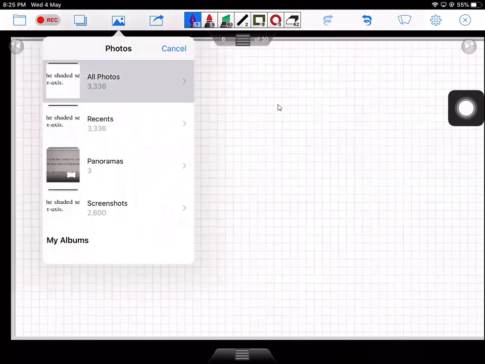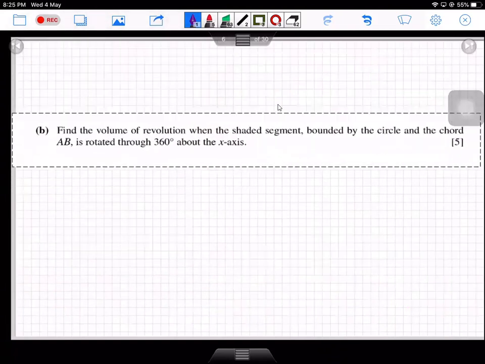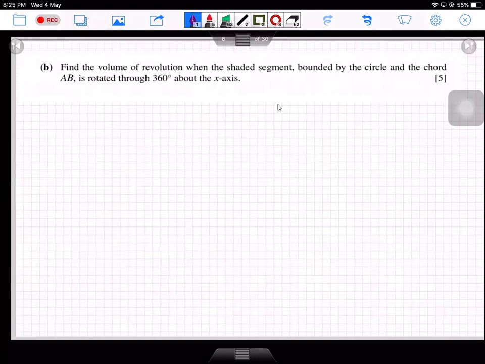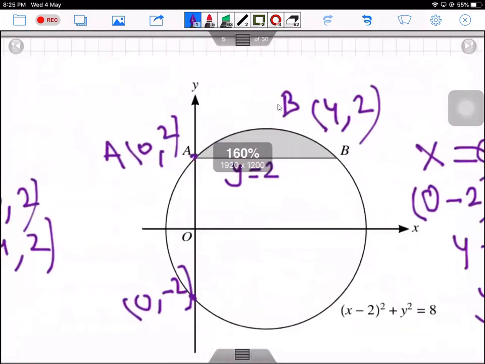Then we have part B, where we have integration. Find the volume of revolution when the shaded segment bounded by the circle and the chord AB is rotated through 360 degrees about the x-axis.